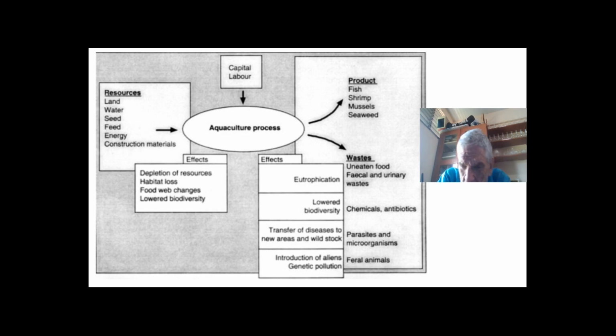The disease-causing organisms in the farm can get out into the wild. And introduction of aliens and genetic pollution. If we rear fish from outside, say in mariculture, and some of the fish get outside, they become an exotic species and can cause serious problems.